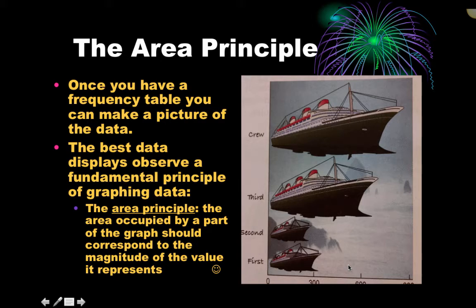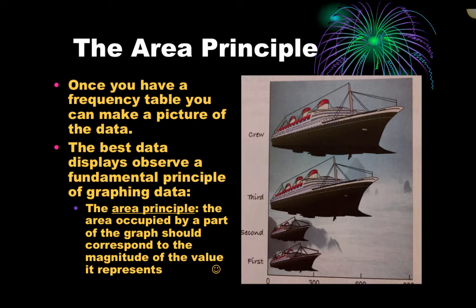So this graph represents the number of passengers on the Titanic and what type of ticket they had. The numbers on the bottom should be 0, 300, 600, and 900. So if we look, the crew makes up about 900 passengers. Those with second-class tickets make up about 300. So the crew boat should be approximately 3 times as big as the second-class boat.